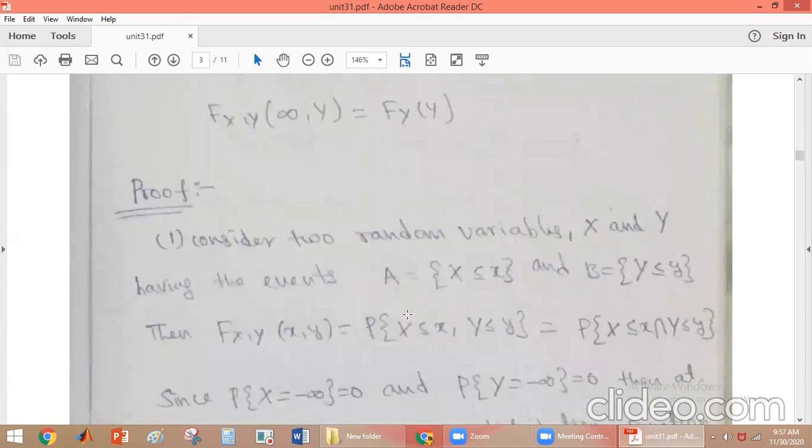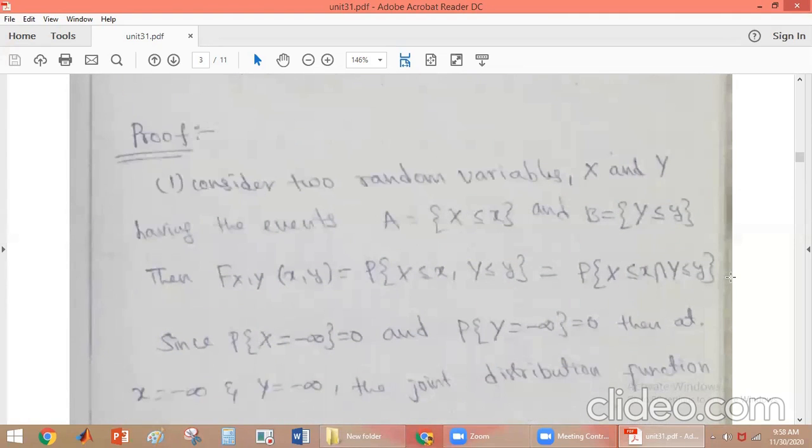The first proof: here we have considered only two random variables. What are the two random variables we have considered here? X and Y. Now the events are defined such that A is equal to X ≤ x and B is equal to Y ≤ y. Then F_XY of (x, y) can be given as, what is the formula for the joint probability distribution function at (x, y)? It is the probability of X ≤ x and Y ≤ y.